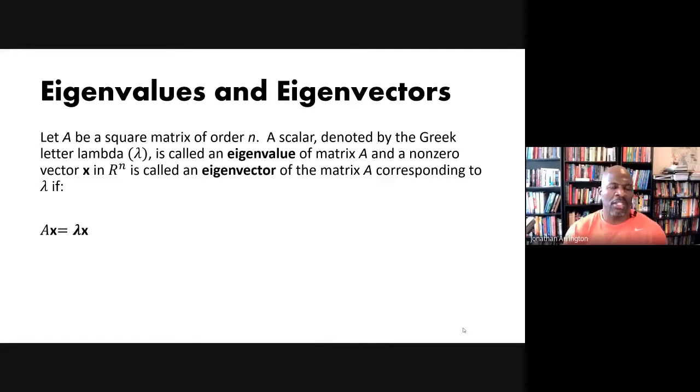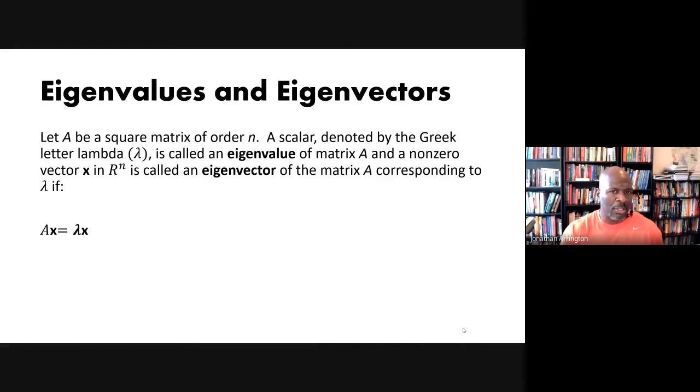One thing I want to mention before I go over how we find eigenvalues and eigenvectors, and it's written in the definition here, is that I want to stress the fact that X cannot be a zero vector. It says here a non-zero vector X, so that's saying it can't be zero.